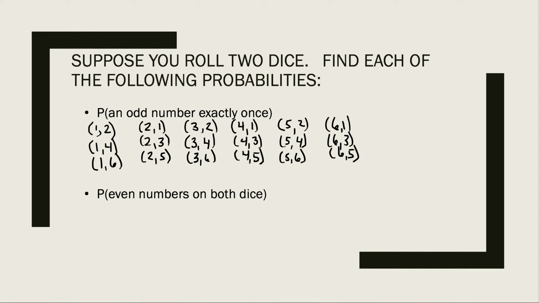Okay, so it may take you a minute to list those out, but really that's going to be your best way to do it. And then you count. So how many do we have? So let's see, we have 1, 2, 3, 4, 5, 6, 7, 8, 9, 10, 11, 12, 13, 14, 15, 16, 17, 18. So we have 18 over 36 possible outcomes, and that will reduce to 1/2.